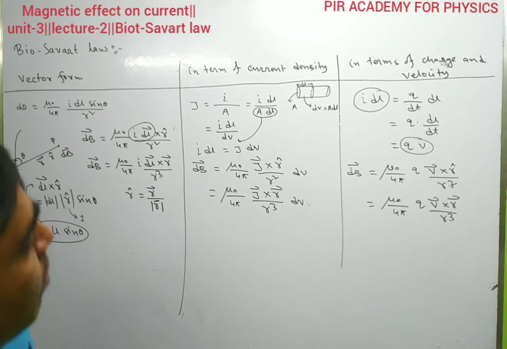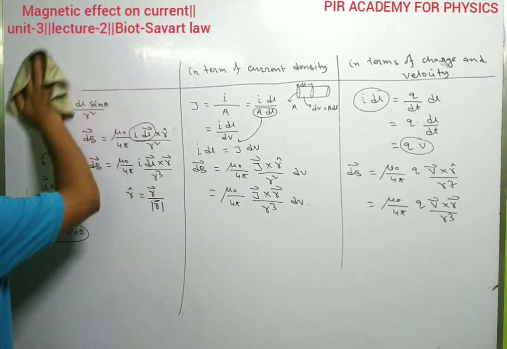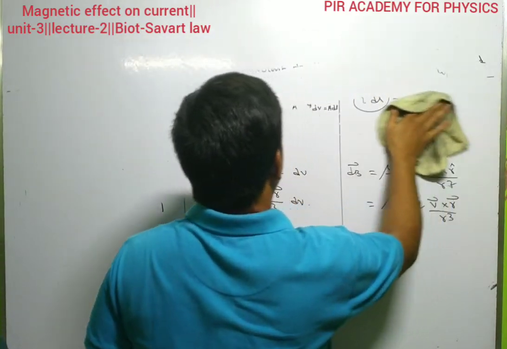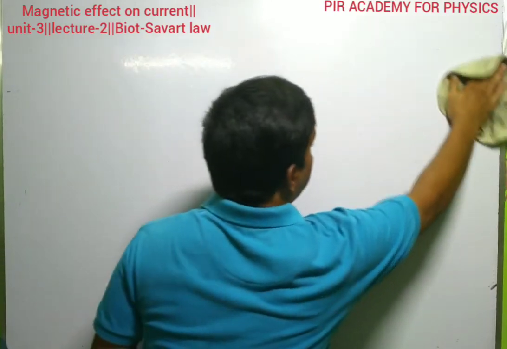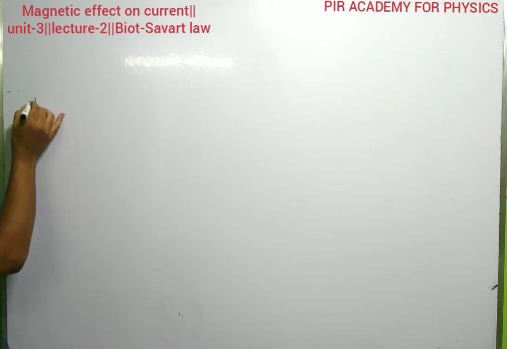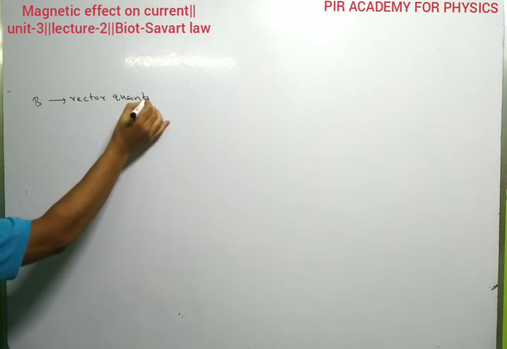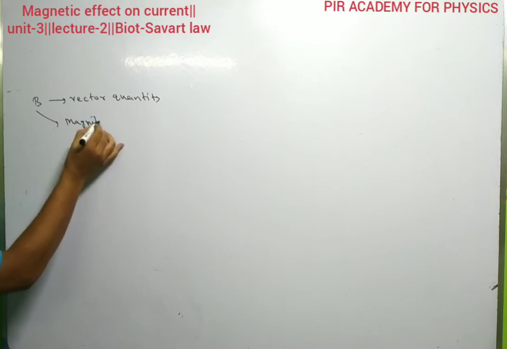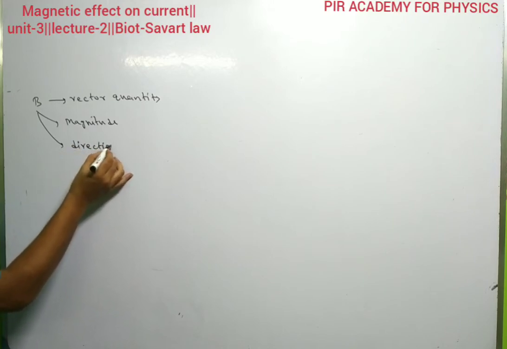Here we have discussed the form of Biot-Savart law, and the magnitude of the magnetic field created by a current carrying conductor. Magnetic field is a vector quantity, so you have to calculate magnitude and also direction.